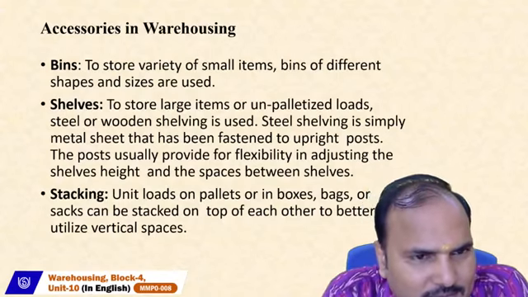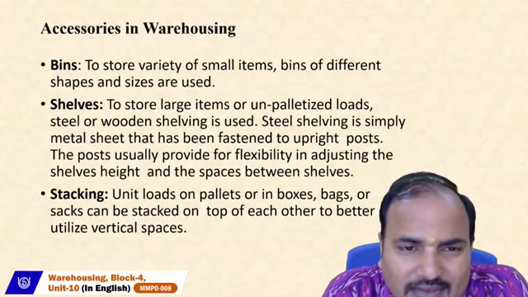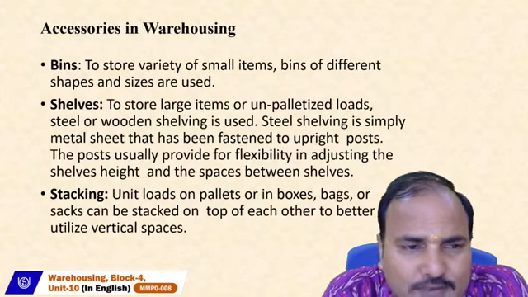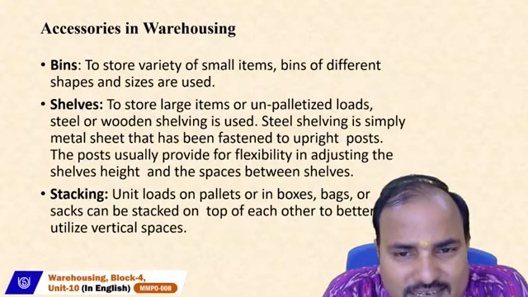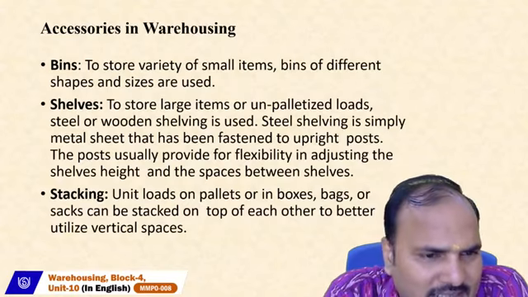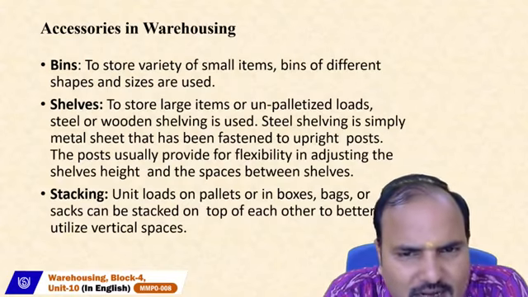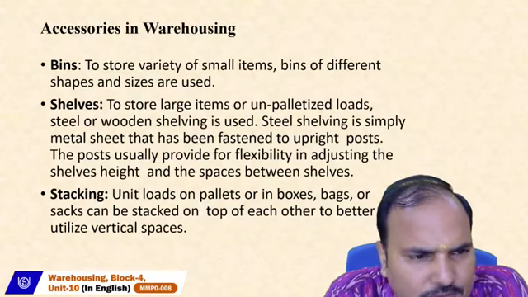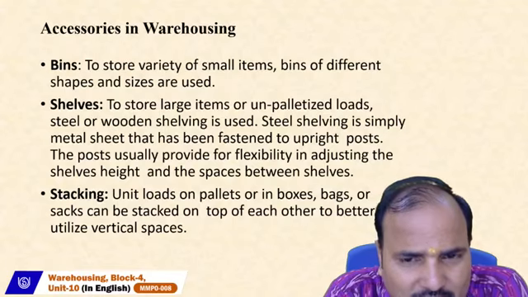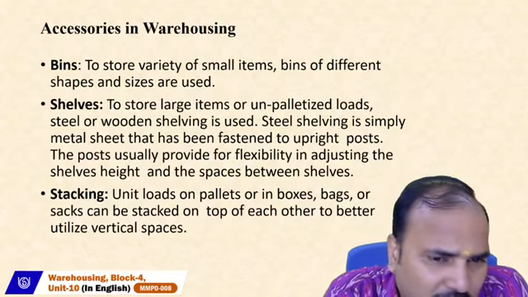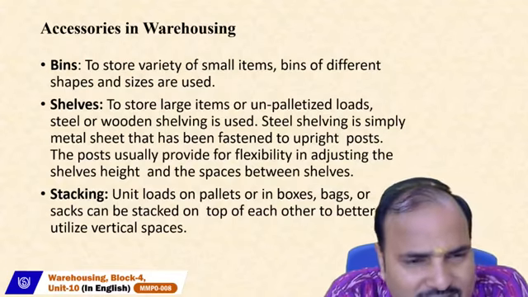Another is shelves. To store large items or palletized loads, steel or wooden shelving is used. Steel shelving is simply metal sheet that has been fastened to upright posts. The posts usually provide flexibility in adjusting the shelf height and the spaces between the shelves.